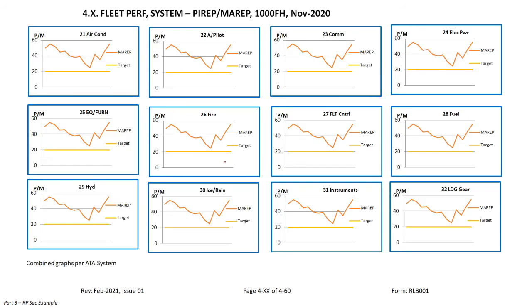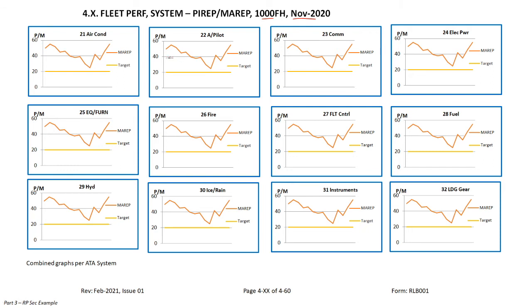Okay, now let's move to the next slide, and this is a simplified version. In this type of report, again, this is PIREPs and MAREPs per 1,000 flight hours. Reporting month is November 2020. We have for each individual ATA chapter its own diagram or graph.